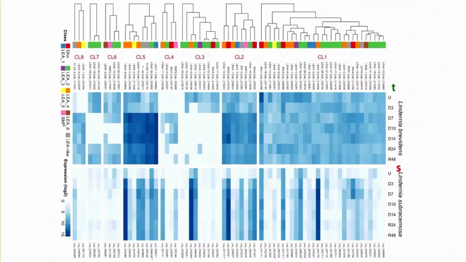You can analyze this, and I will come to the conclusion in a minute. But what you can even visually see is that on the brevidens row you have many more blue spots and also darker spots. That means we have a higher expression of subclasses of these Lea proteins. On the top of the slide, you see these different groups of Lea proteins. I told you it's not a homogeneous group of proteins.